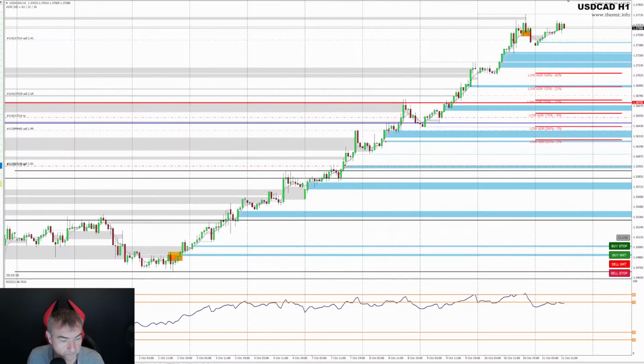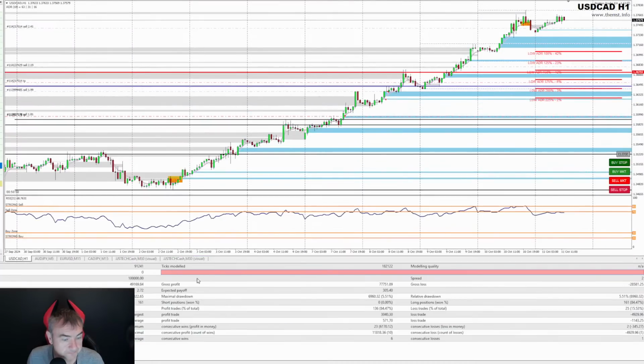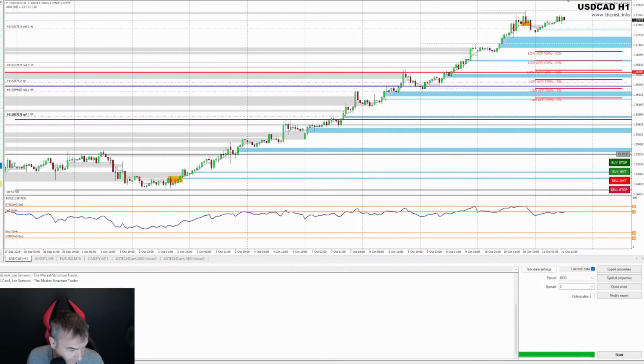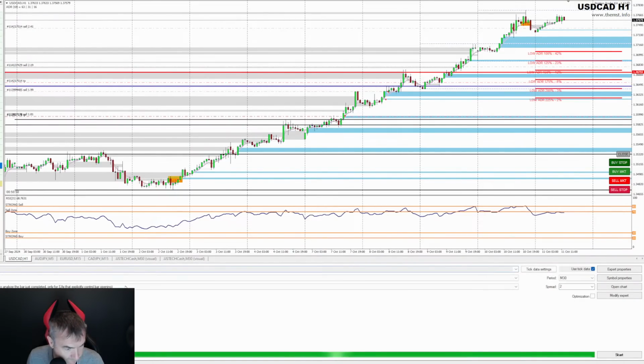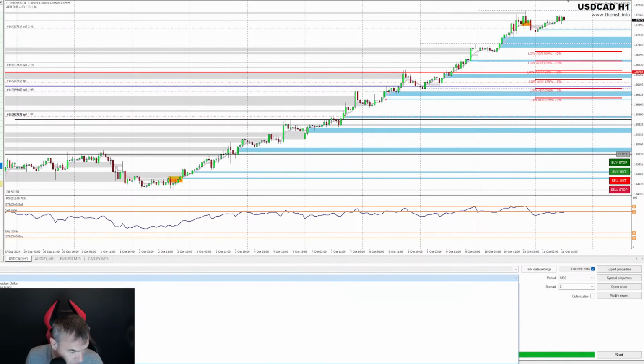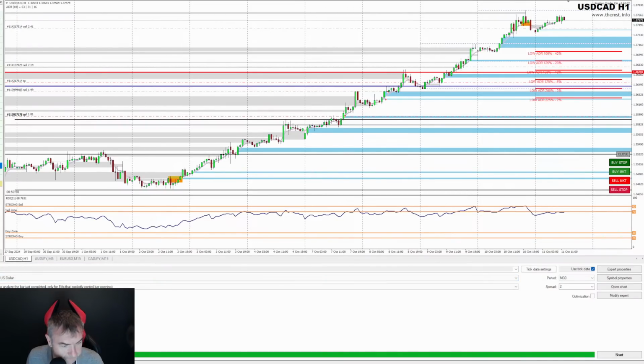Propulsion gap strategy. Let's use pound US dollar.